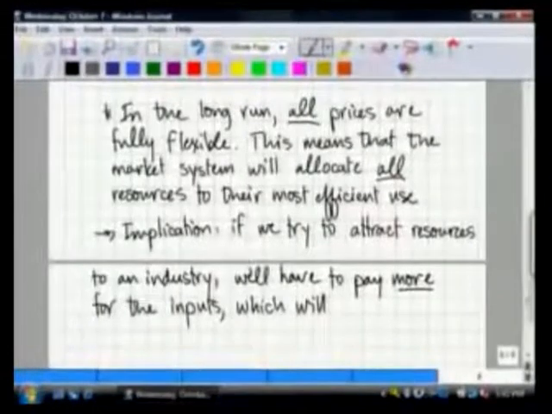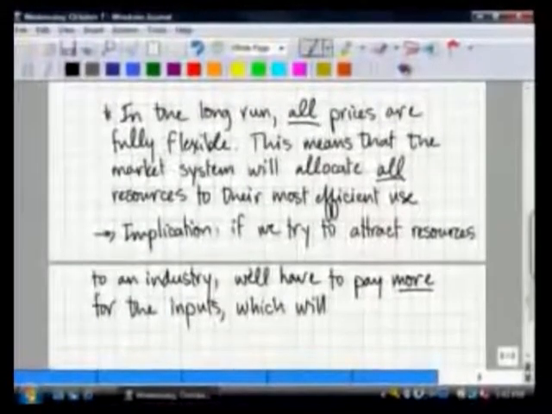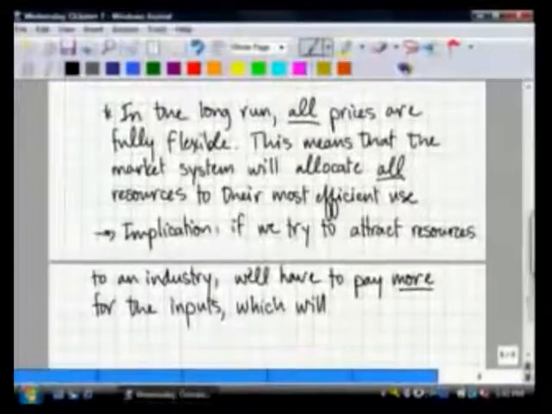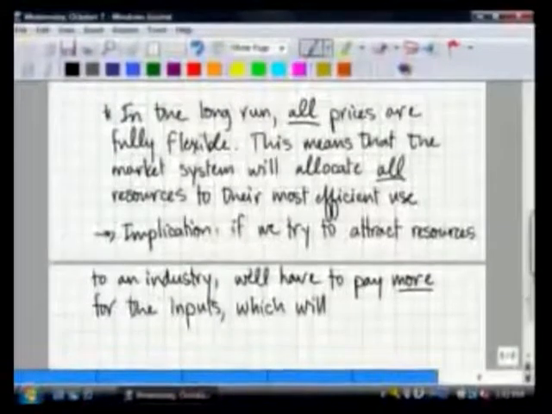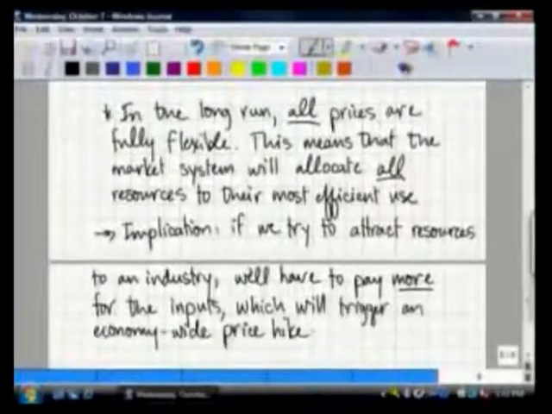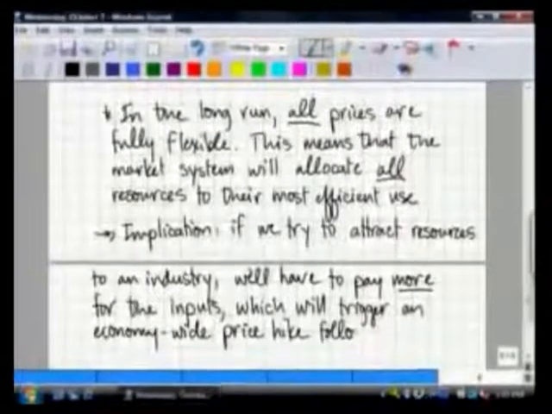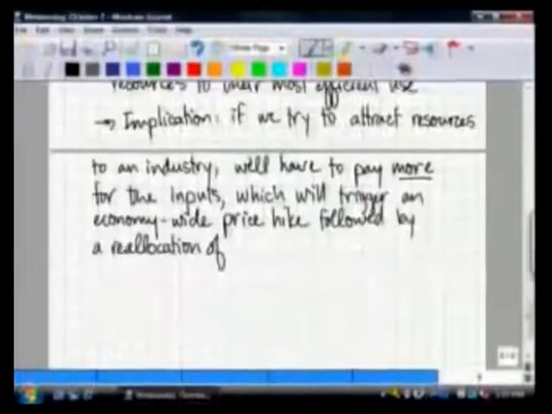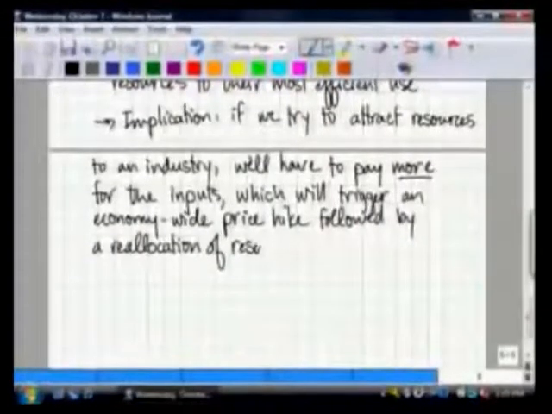And we'll find that once we're done completely adjusting again, we'll be back where we started in terms of output, because the markets will naturally allocate resources to the most efficient place. So that'll trigger an economy-wide price hike, followed by a reallocation of resources.